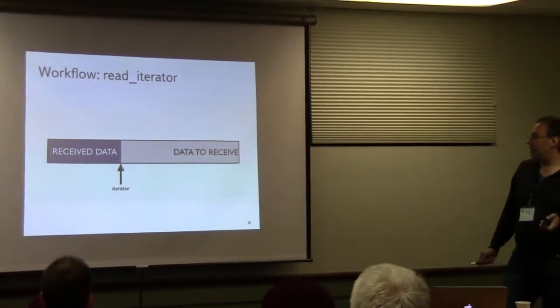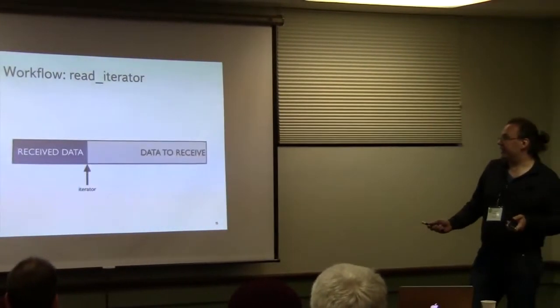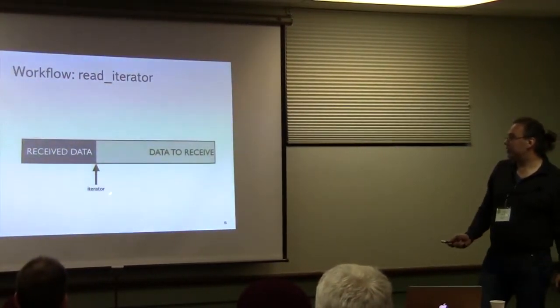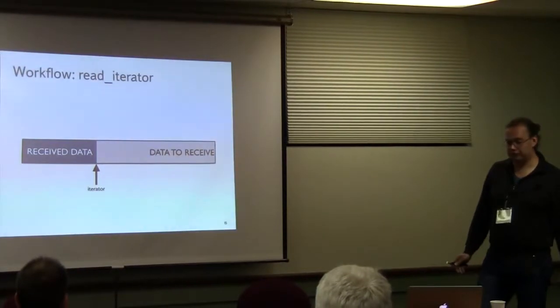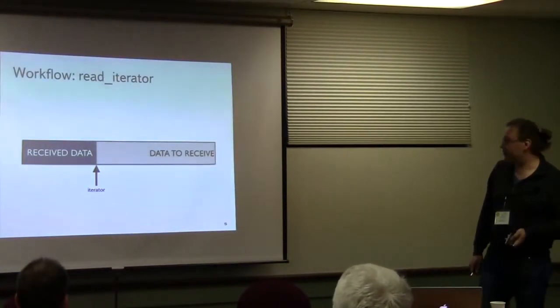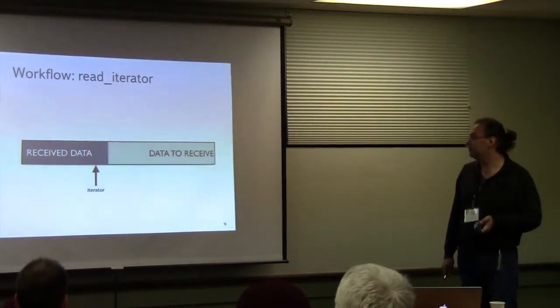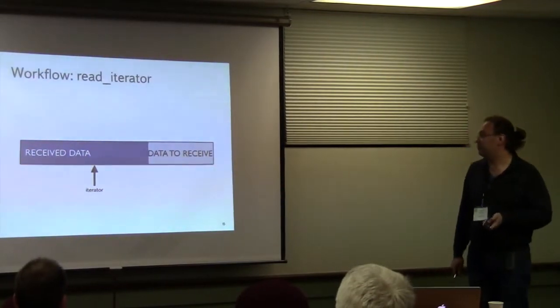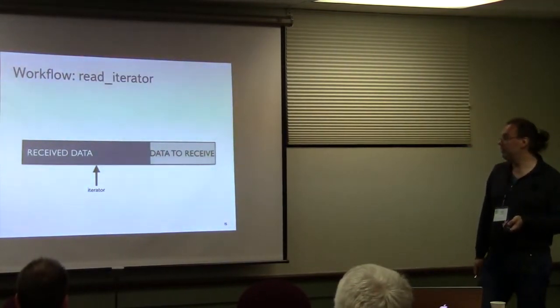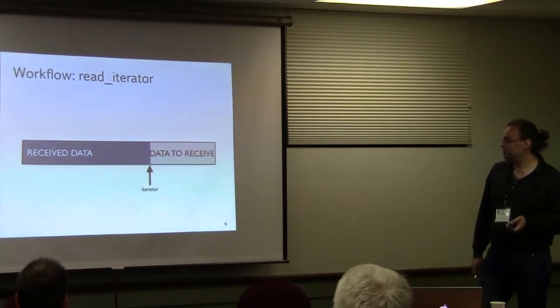Okay, we reached the end of the received data. Now our context will be suspended and wait for the next part of data. Okay, we have the next part of data. We handle it. We suspend.